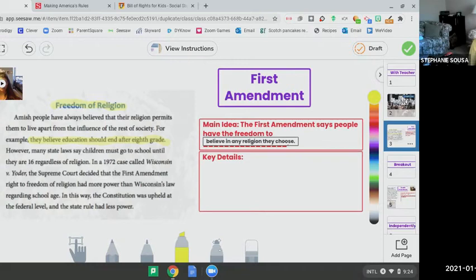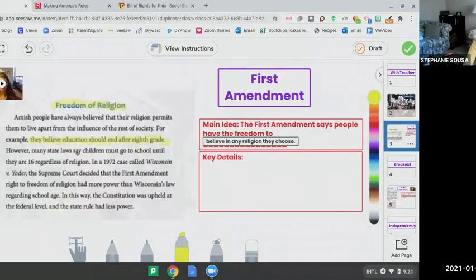That is different from the way that people who are not Amish live, okay? So people who are not Amish and live in America tend to believe that you should go to school until you graduate, which is 12th grade, so that's 4 more years. But people who are Amish have the freedom of religion to stop their school after 8th grade. We're going to find some more details.